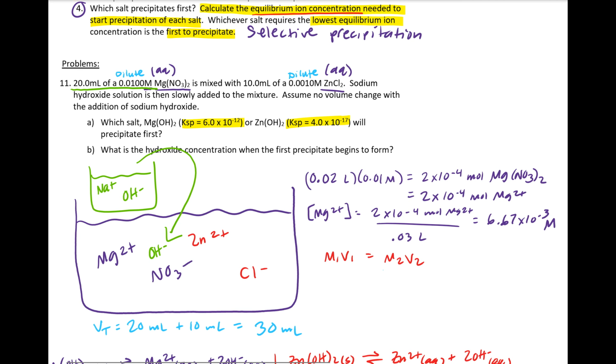So the original molarity of the zinc chloride is 0.001 molar. The original volume is 10 mils. We don't know M2, but the new volume I know is 30 mils. So you solve for M2. The diluted molarity of the zinc ions is 3.33 times 10 to the negative 4 molar.